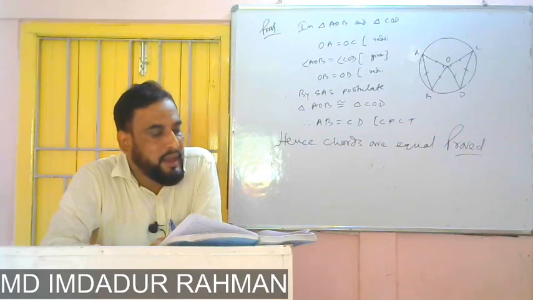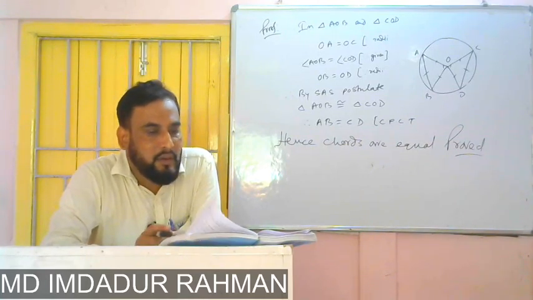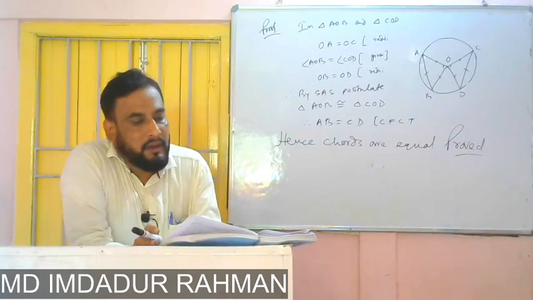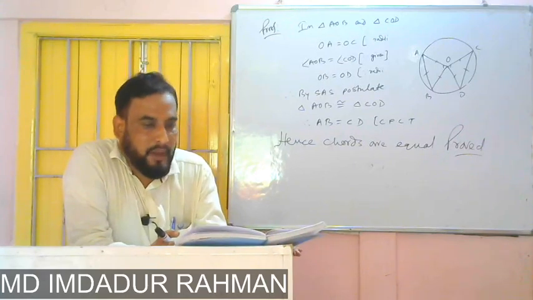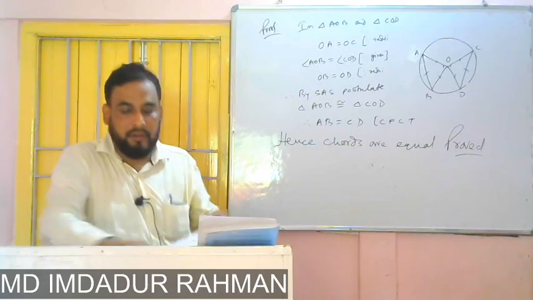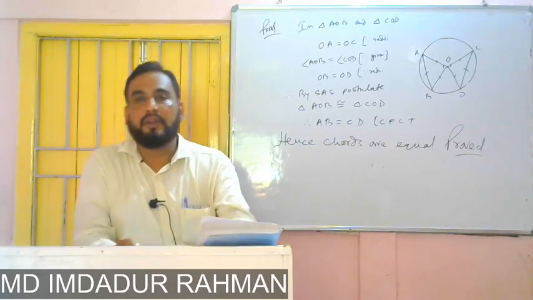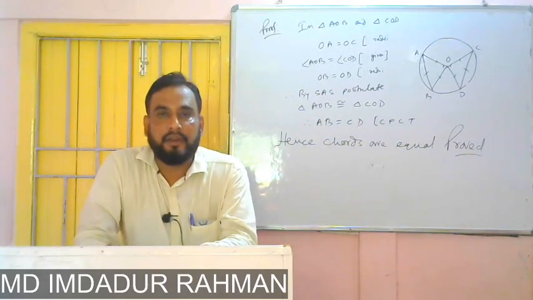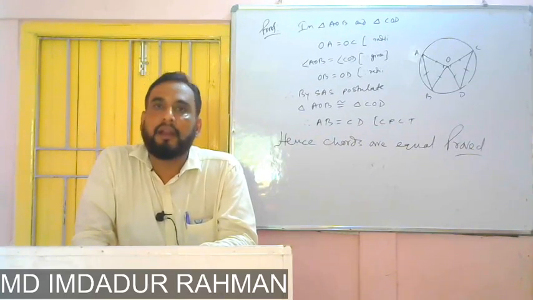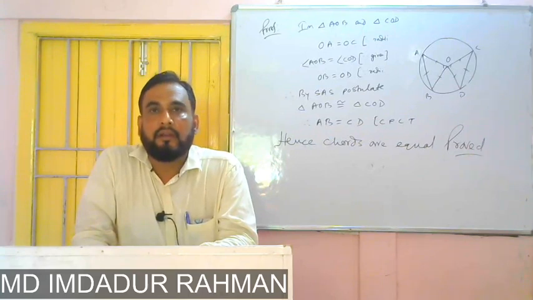Prove that equal chords of congruent circles subtend equal angles at the center. So next day we will prove this theorem. Time is not permitting for today's class, so I am bound to conclude. Next day we will start from exercise 10.2, that is two theorems, and I will continue to 10.3. So for today, up to this.